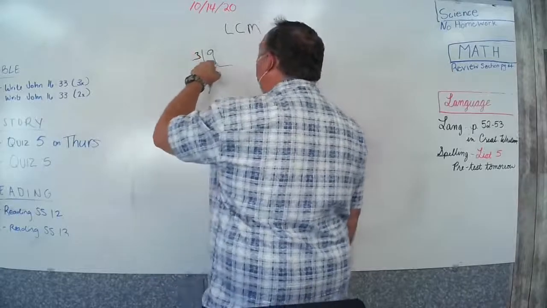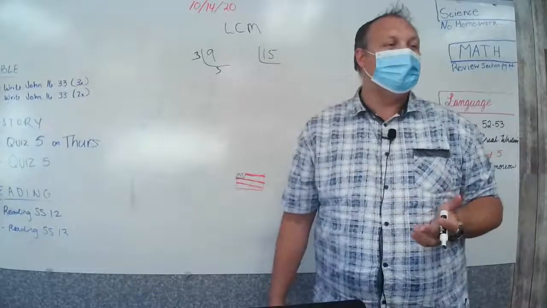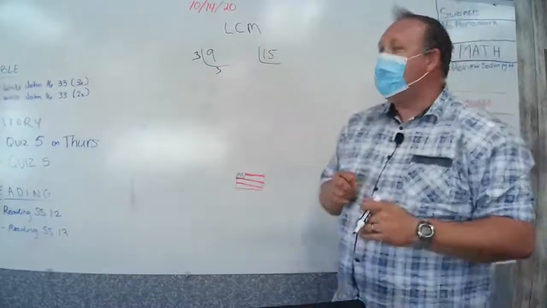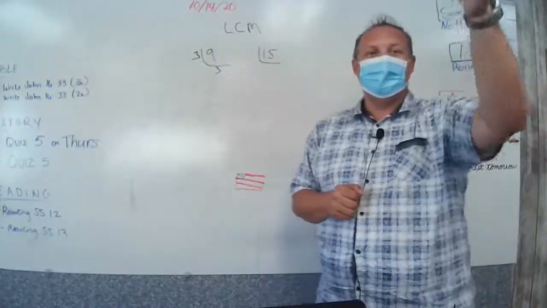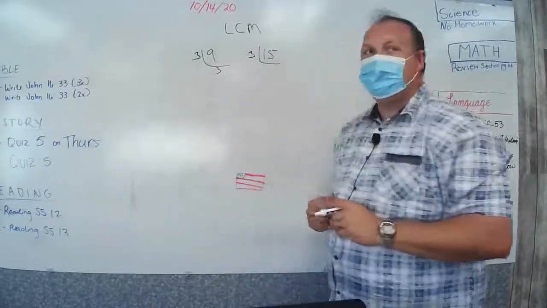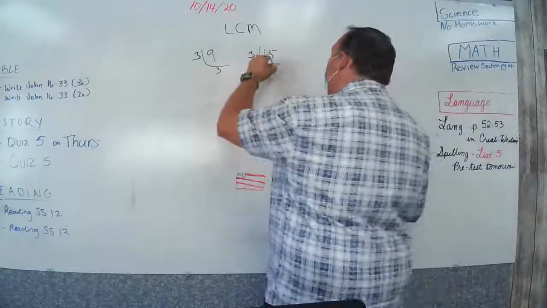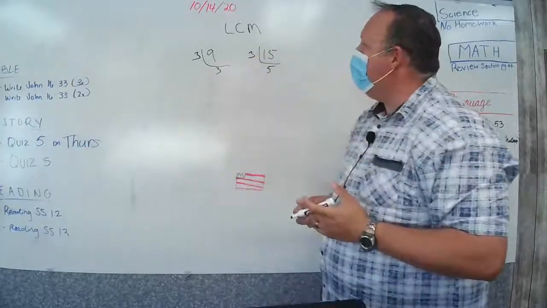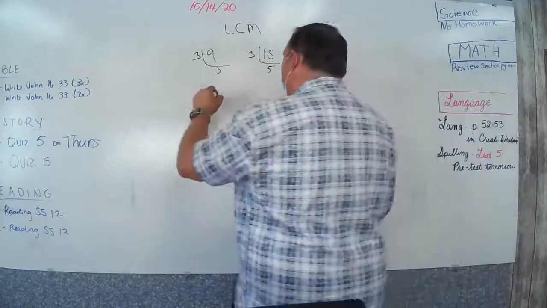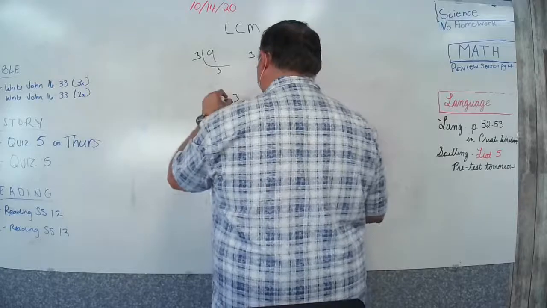Divide by 3 and I get 3. What's a prime number that goes into 15? 3. 5. Now, I have 3, 3, 3, and 5.